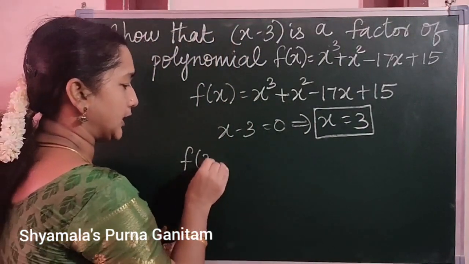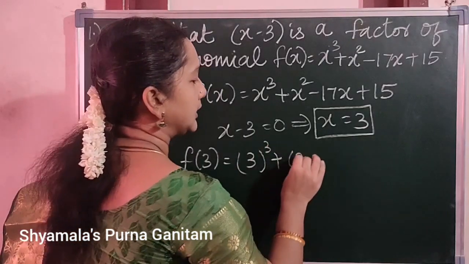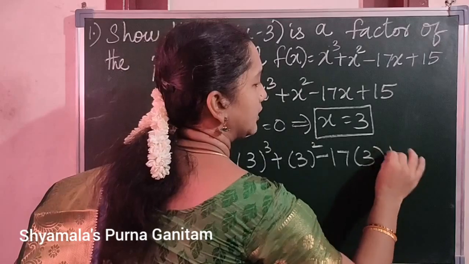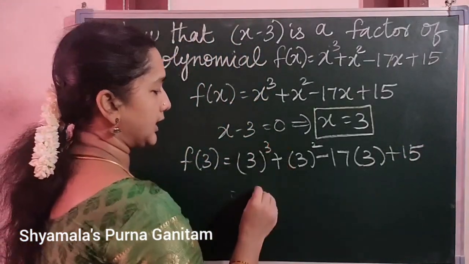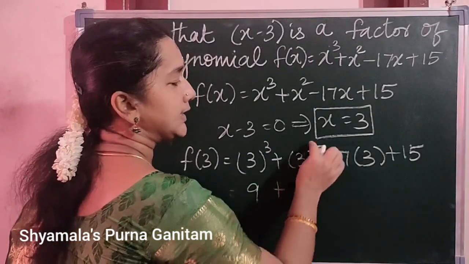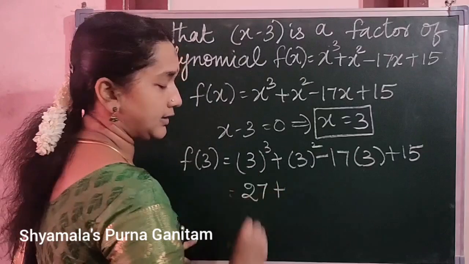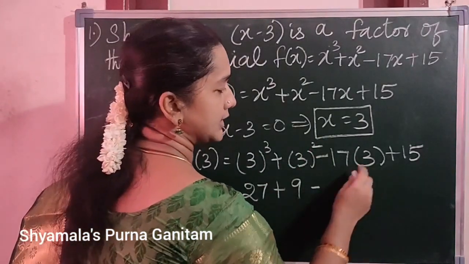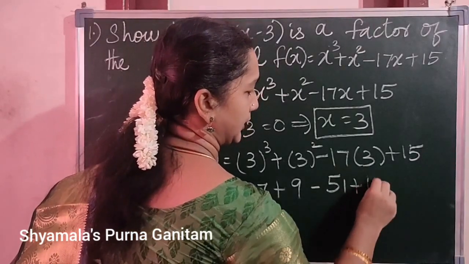So f of 3 is equal to 3 cube plus 3 squared minus 17 into 3 plus 15. 3 cube is 27: 3 3s are 9, 9 3s are 27. 3 squared is 9, minus 17 into 3 is 51, plus 15.